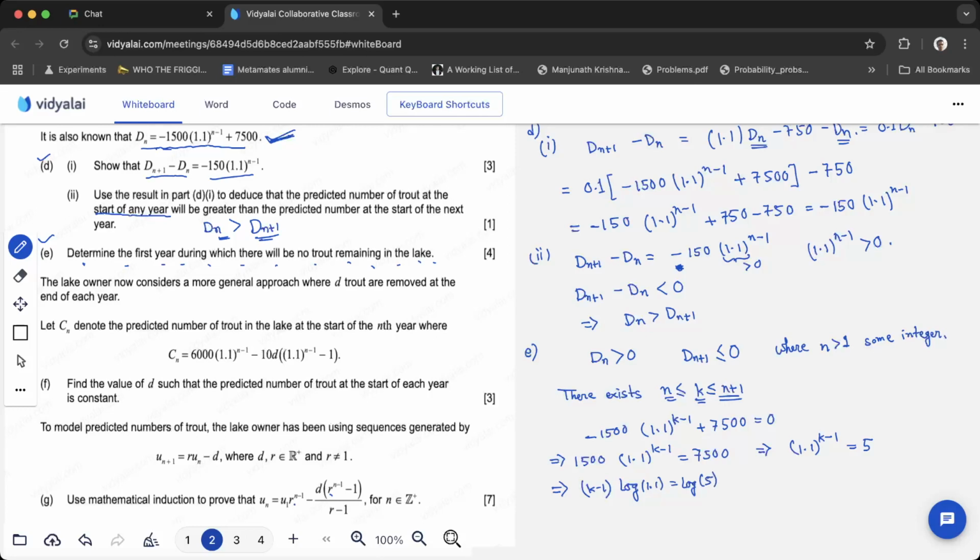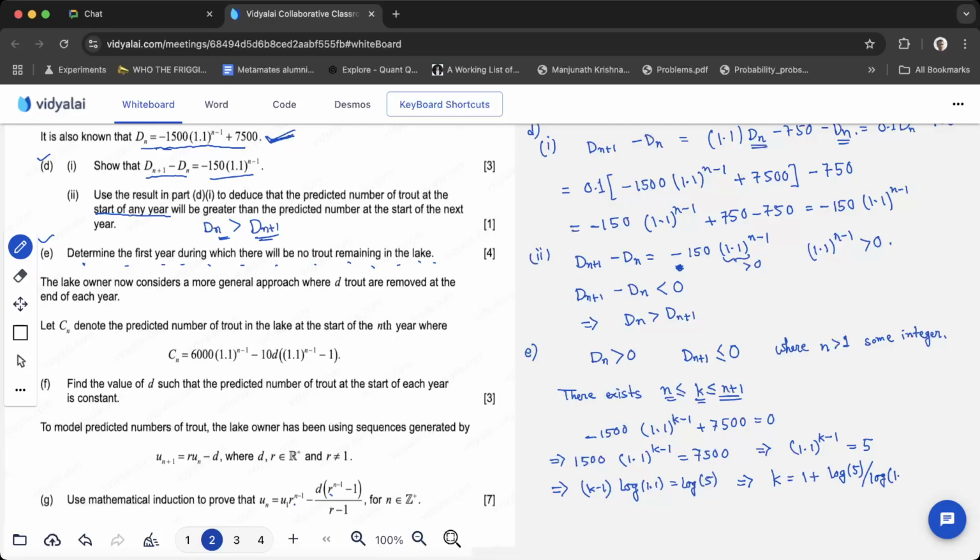Here it does not matter what the base of the logarithm is, as long as the bases are the same. So if we do not specify the base, we assume that the base is the same for both sides. And we have then k equals 1 plus log 5 by log 1.1.